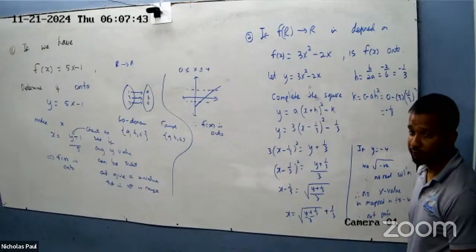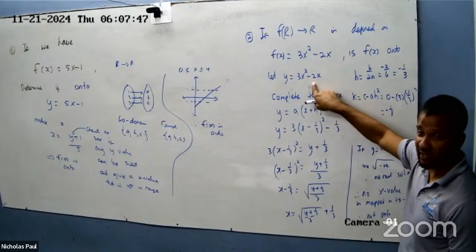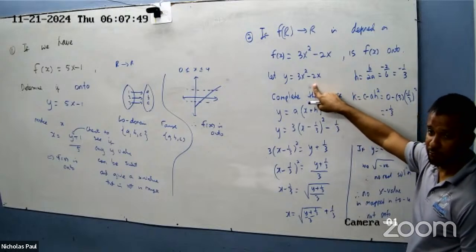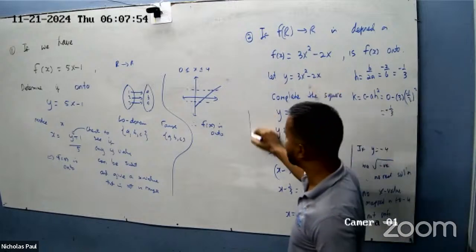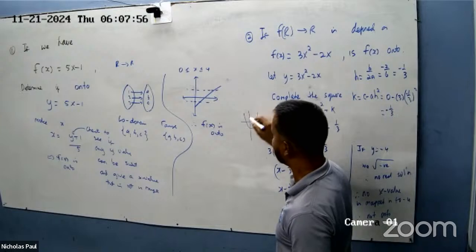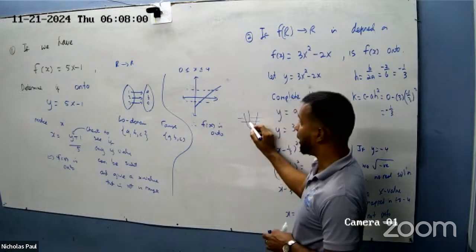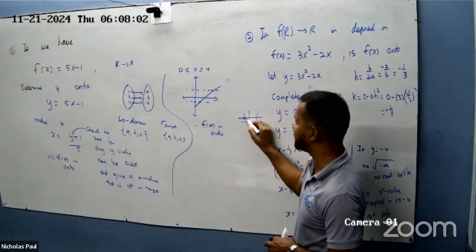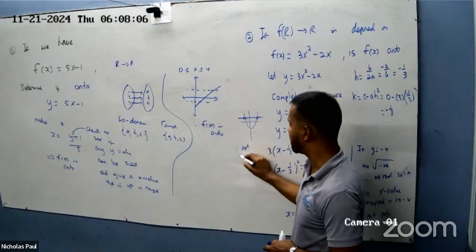That's okay? Or what else can we do? The next method is to sketch this. Okay? The next option is to sketch this. More than likely, you'll get a minimum and you do the horizontal line test. But the problem with the horizontal line test is it will touch more than once. Therefore, not onto.